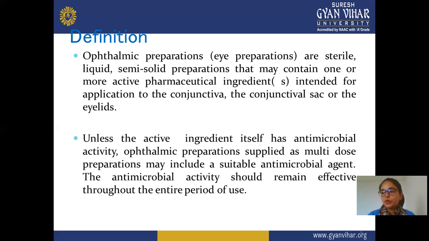To provide this antimicrobial property, we use excipients that themselves have antimicrobial property, or otherwise we add an antimicrobial excipient to stop microbial growth and keep the product in sterile form.